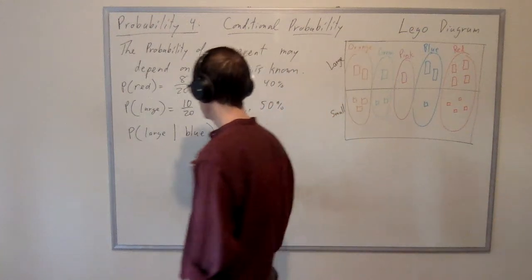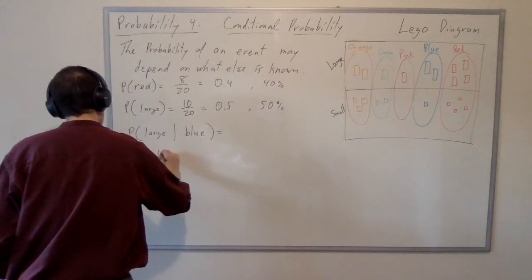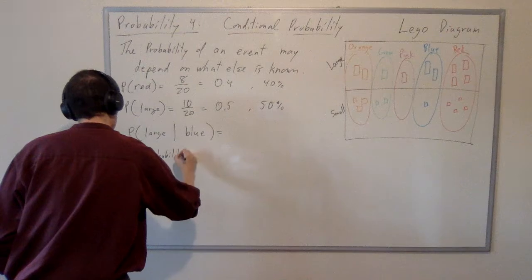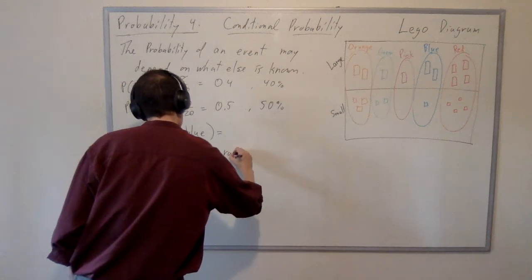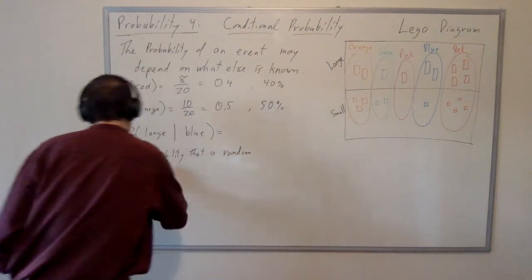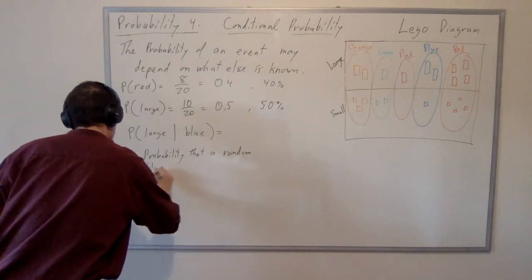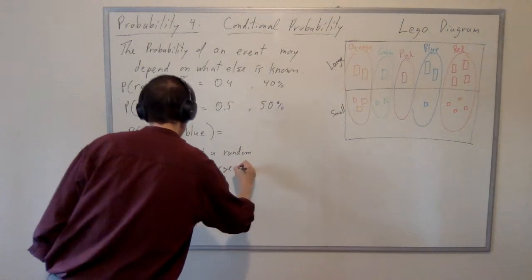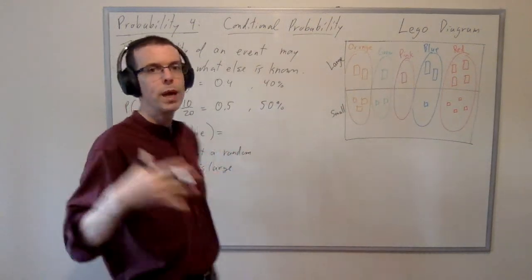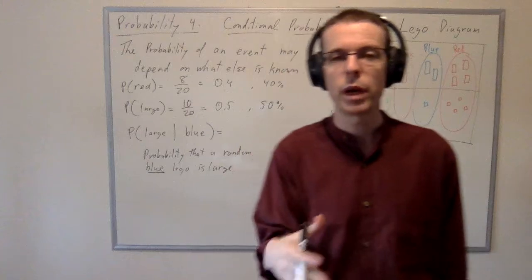And let me write this out in words. This is the probability that a random blue Lego is large.